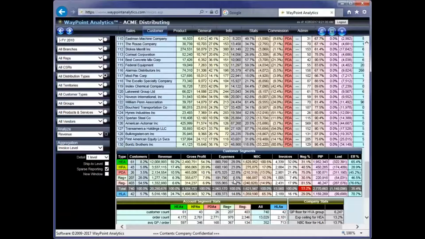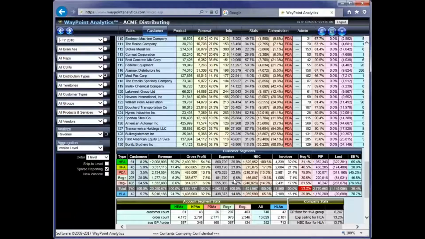Part of the reason for this usually is the company has not yet recognized that there's a difference in the nature of these accounts. These accounts just don't do business in the same way.